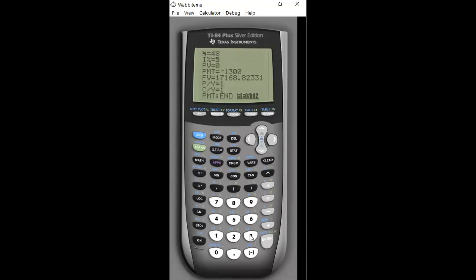The interest rate is 3.18. The present value is 26,000 because she got $4,000 cash back. Let's clear out the future value. Because it's monthly, the payments per year is 12 and the compounding per year is 12, and we pay at the end of each period.